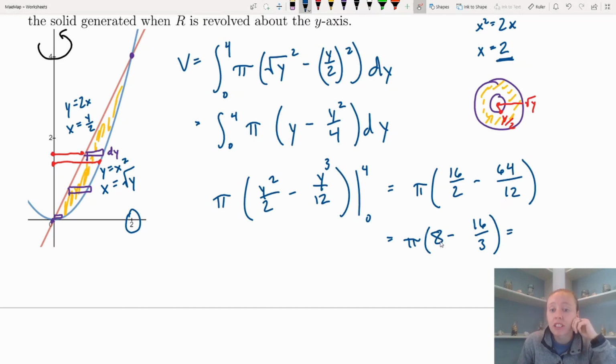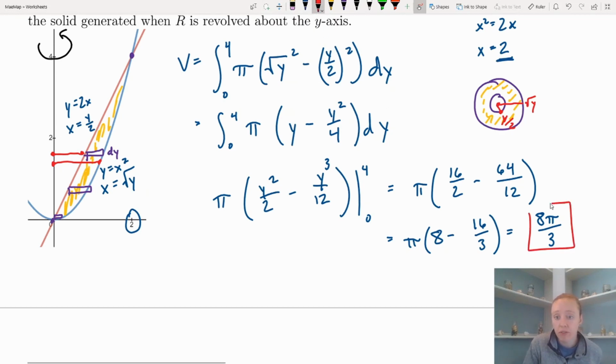Finding a common denominator, 8 written as thirds is 24 thirds, and 24 thirds minus 16 thirds leaves us with 8 thirds, and that's all multiplied by pi. So 8 pi over 3 is our solution in example 4.